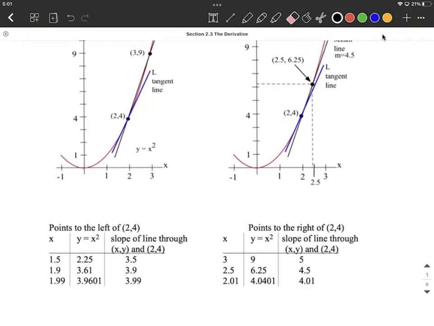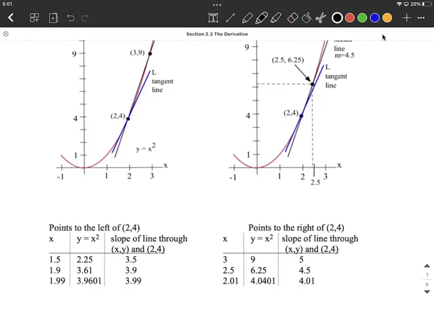We could also do it from the right-hand side, where we started at 3. That was the first computation we showed, and that line had a slope of 5 in the graph above. 2.5, the one that we just had up here, had a slope of 4.5. And then 2.01, just a little bit to the right of the point we care about, but almost right on top of it, gives a slope of 4.01.